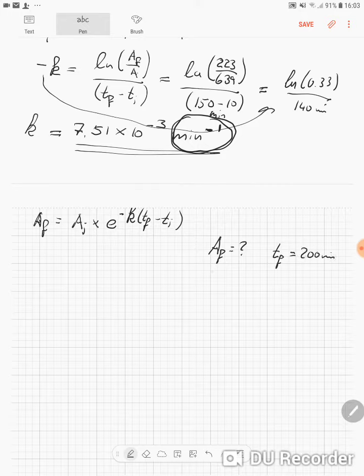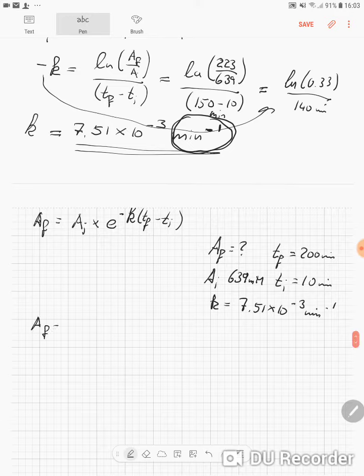For A initial, we can take our starting concentration, that was 639 millimolar, the starting time, that was 10 minutes, and our k equals 7.51 times 10 to the minus 3 minute to the minus 1. So we have everything that we need to put into our equation.